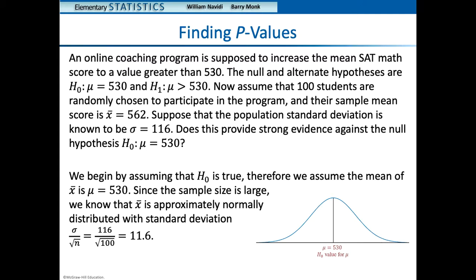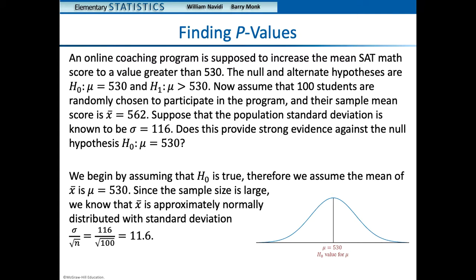And remember, if you go back to the central limit theorem, it states that the mean of the sampling distribution is equal to the mean of the population, right? So if we assume the null hypothesis is true, then we are assuming our sampling distribution is centered over 530. And furthermore, we can treat it as a normal distribution because the sample size is 100, which is greater than 30, right?